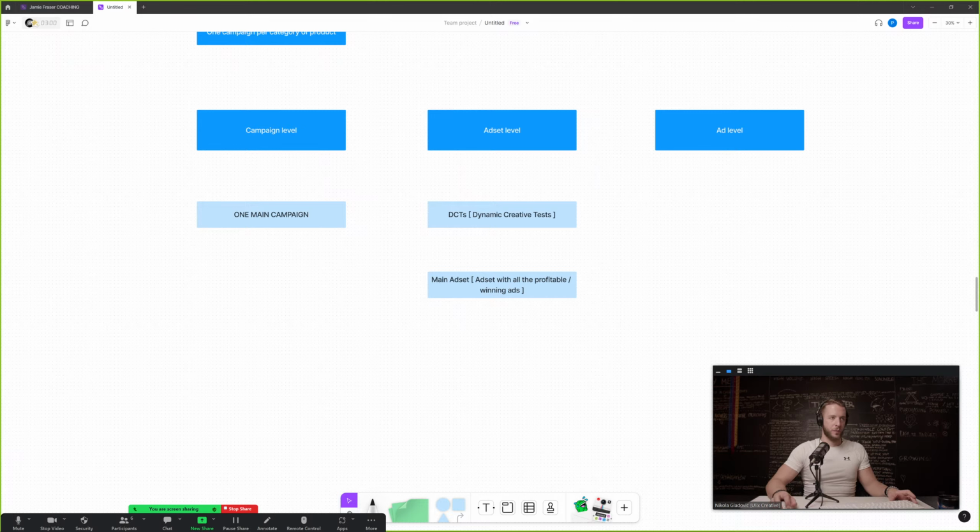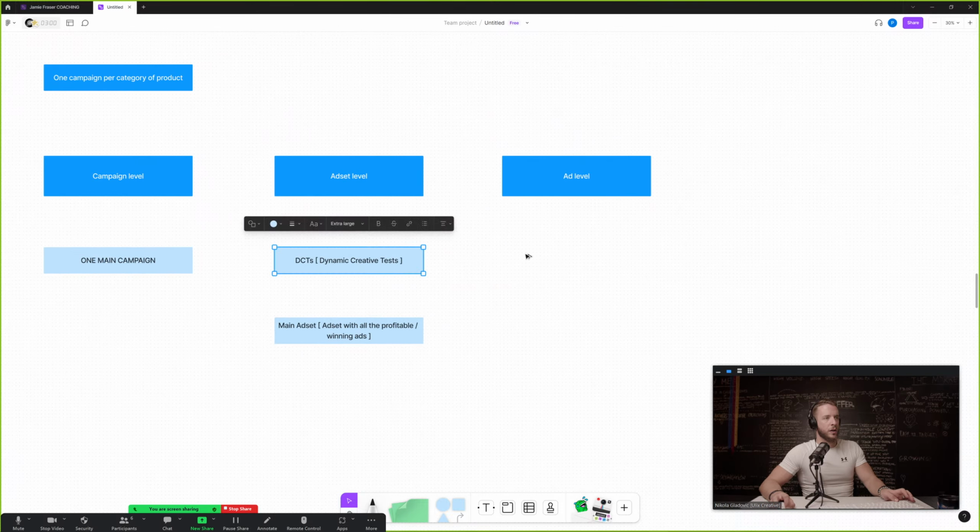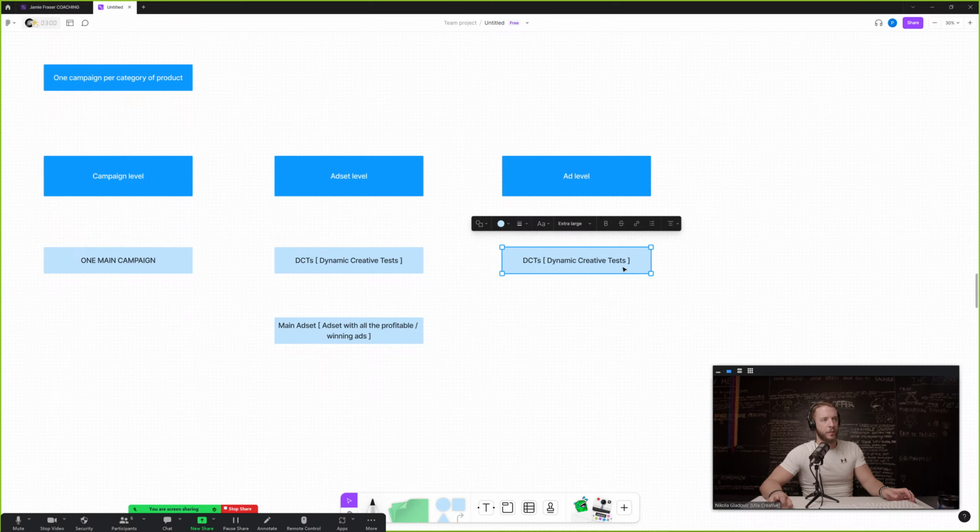So one main ad set, and on the ad level we have ads within DCTs. One DCT ad per one DCT ad set.